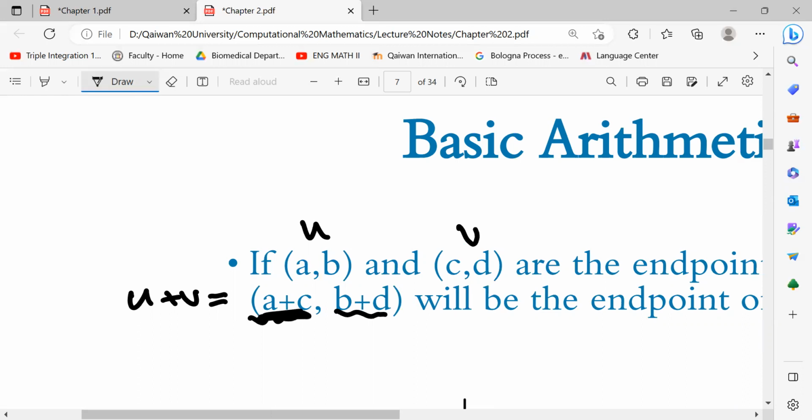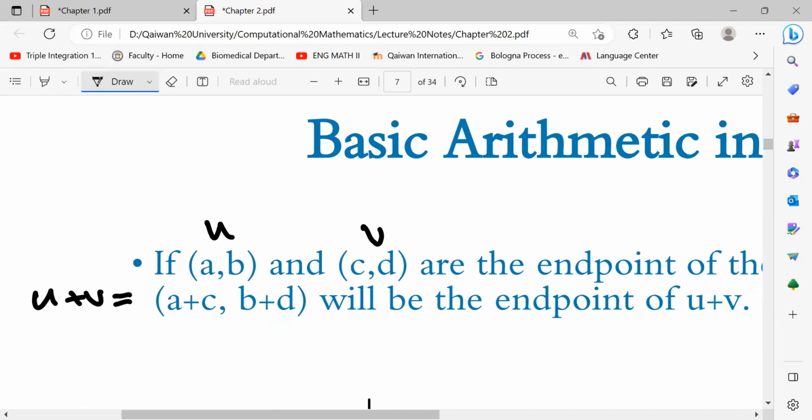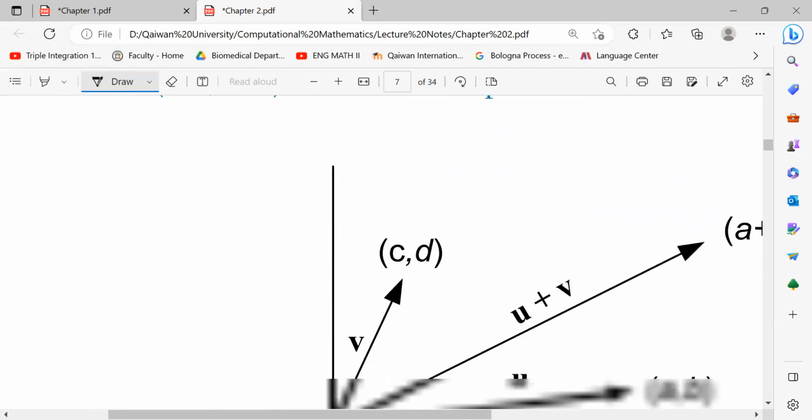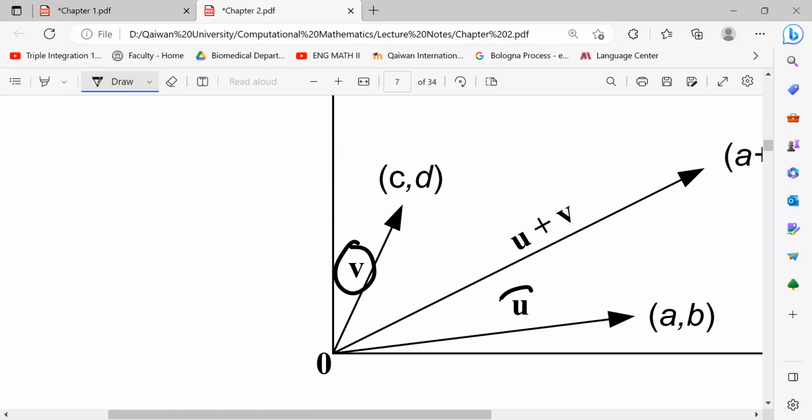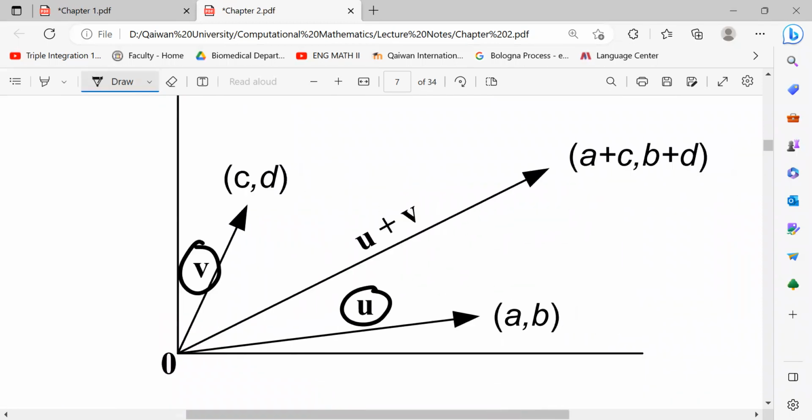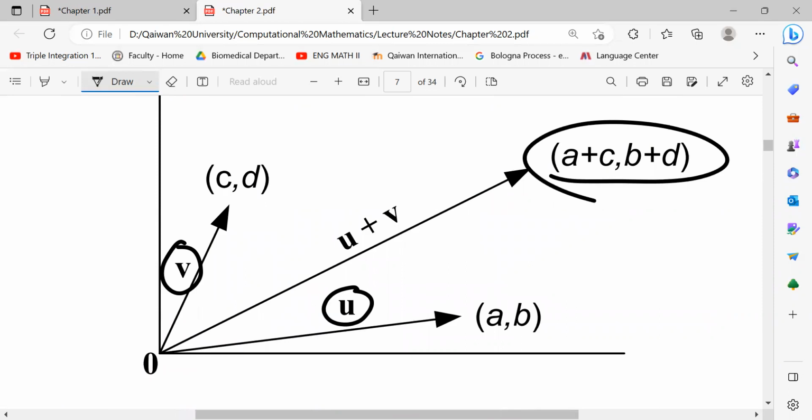A plus c is an element, b plus d is another element. If this is v and this is u, then u plus v is this vector.